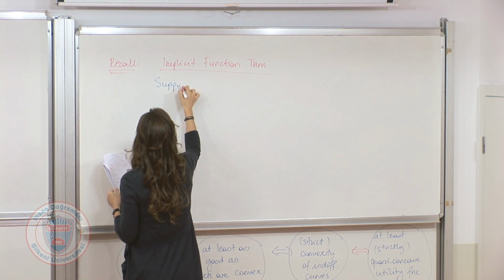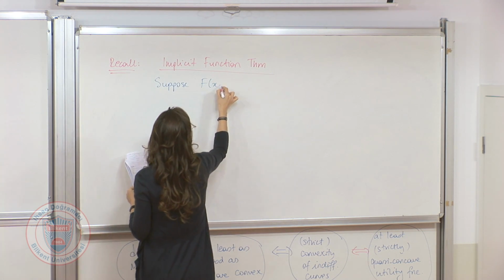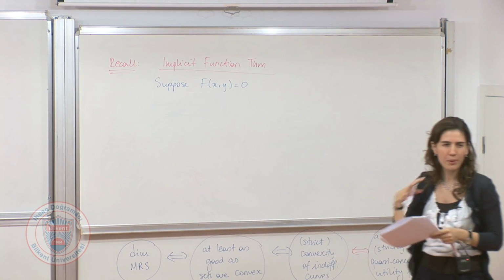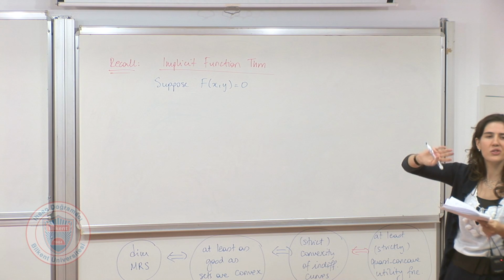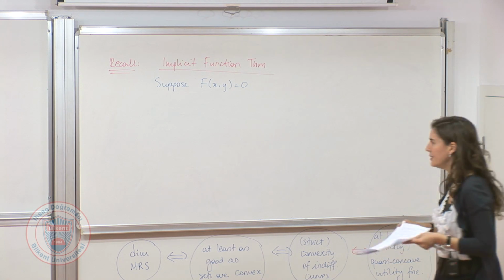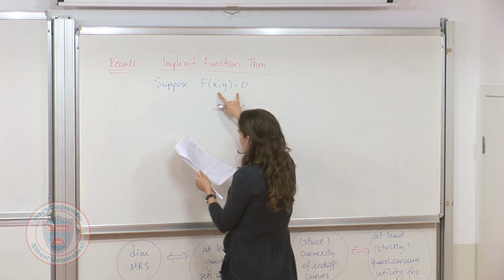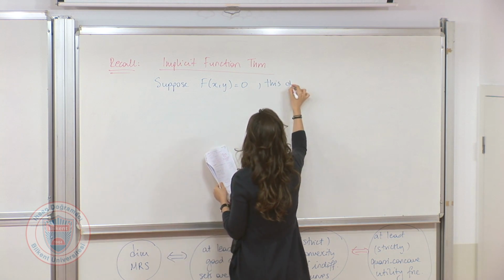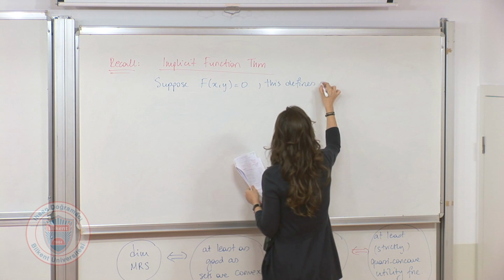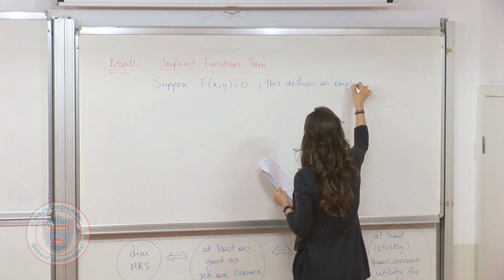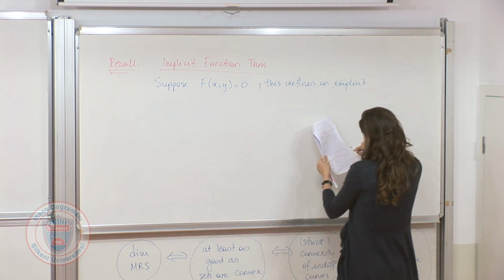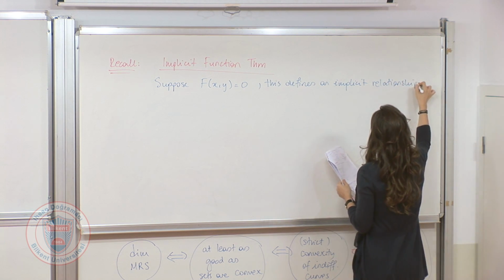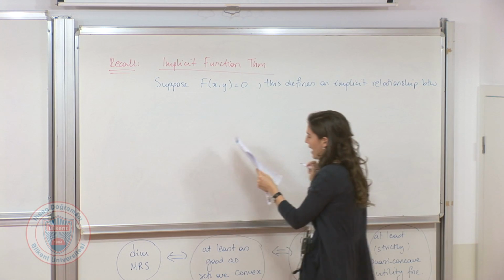Suppose we have a function, f of x, y equals 0. That's why I made that transformation, but we know those transformations are allowed. This defines an implicit relationship between x and y.